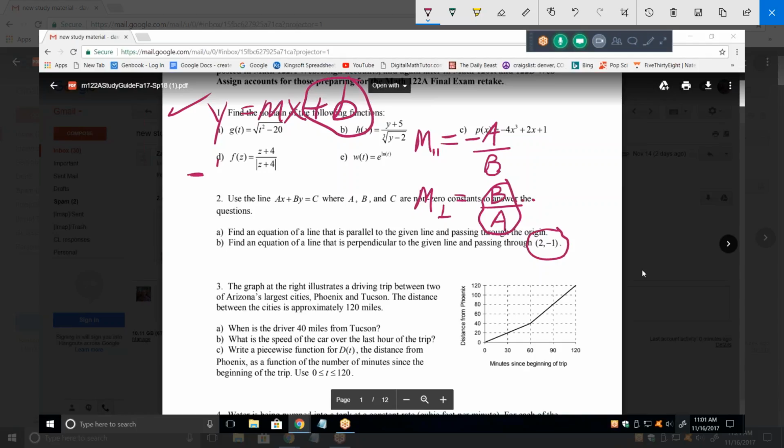So I'm going to put minus 1 equals b over a times 2 plus little b. And it's little b that we're solving for, so that we can put it into the equation of the line. Now, they purposefully make this confusing, but let's solve for little b.